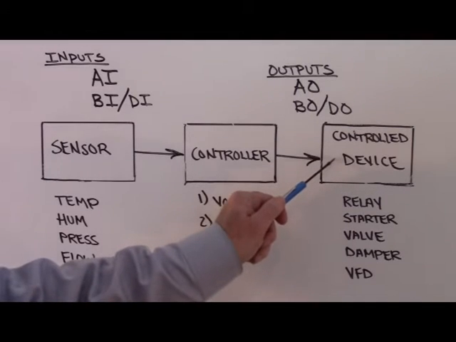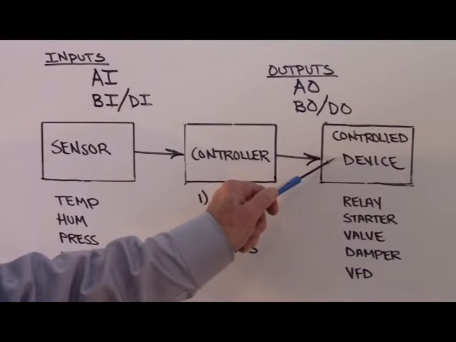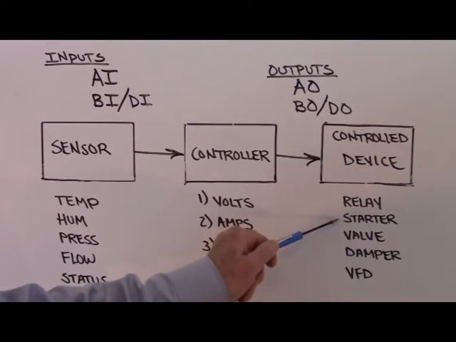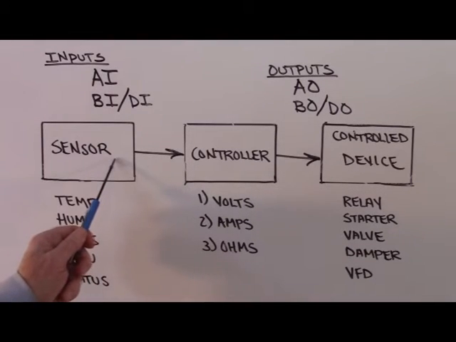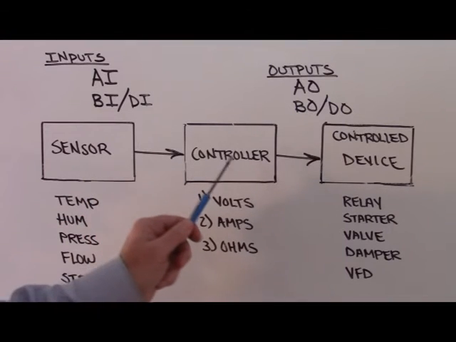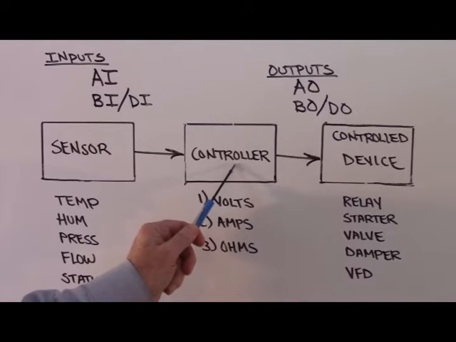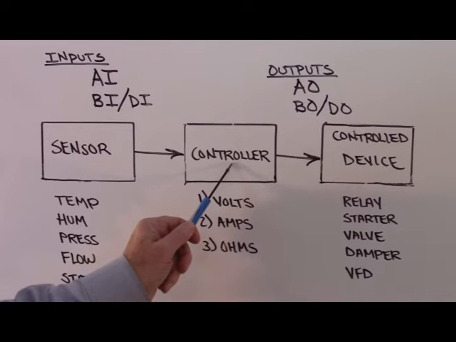The controller could be operating a control device that's a relay or a starter to turn a fan or a pump on or off. It could be operating a valve, a damper, or a variable frequency drive. These are all examples of control devices here. In the case of the example I was using, the temperature sensor says it's 75, sends a signal that represents 75 degrees to the controller, which compares that 75 degrees to a 70 degree set point.